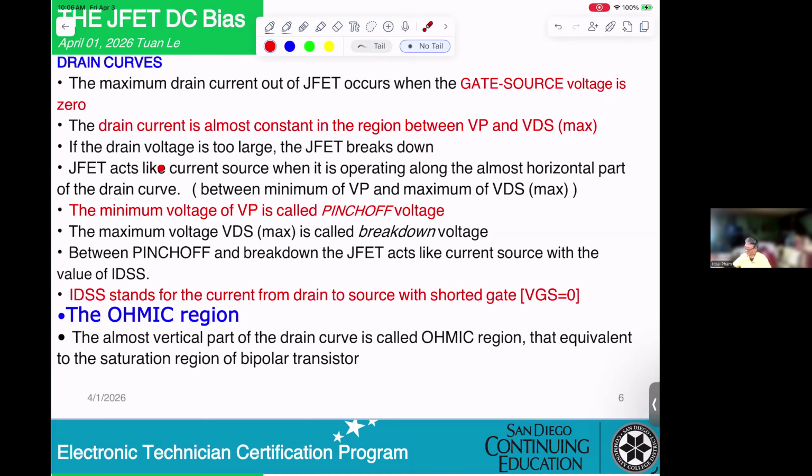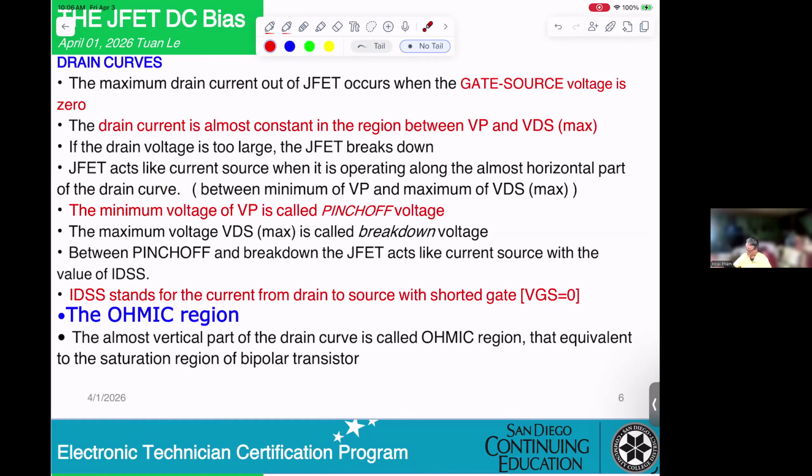The JFET acts like a current source when it is operating along the almost horizontal part of the drain curve.